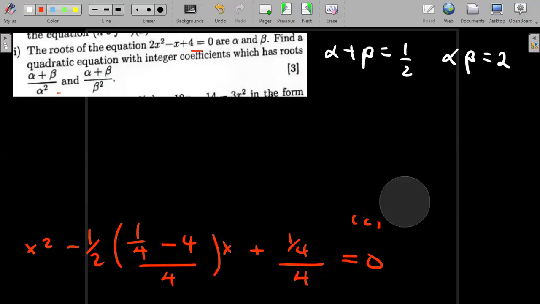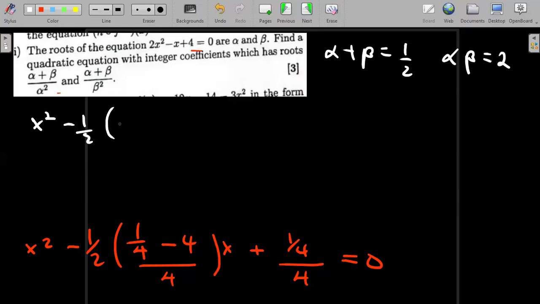Okay, so this is just going to be x squared minus 1 over 2. Then what is inside there? I have 1 over 4, and we're saying minus 4, then we are dividing by 4.